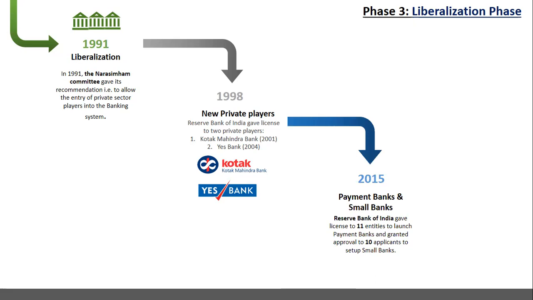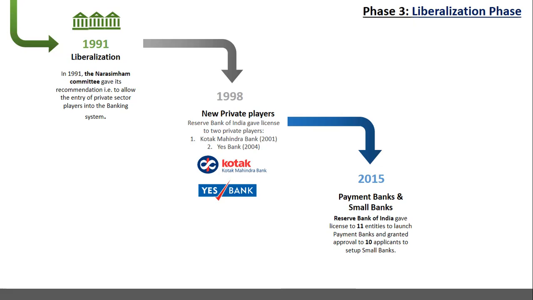After that, we talk about payment banks and small finance banks, which were growing in the market. The Reserve Bank of India in 2015 gave licenses to 11 entities to launch payment banks, and they also granted approval to 10 applicants to set up small finance banks.